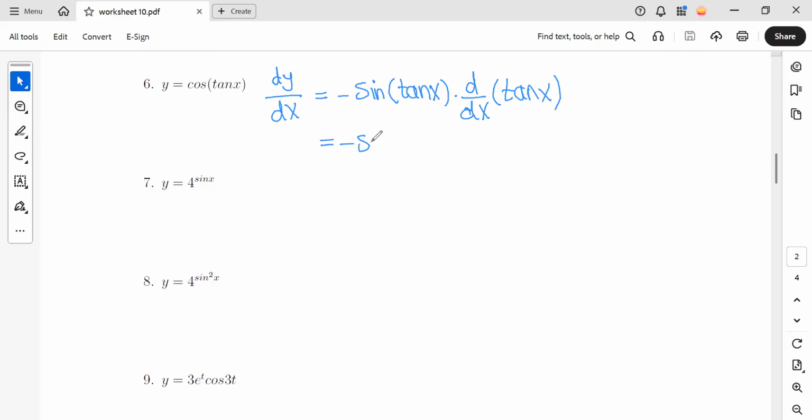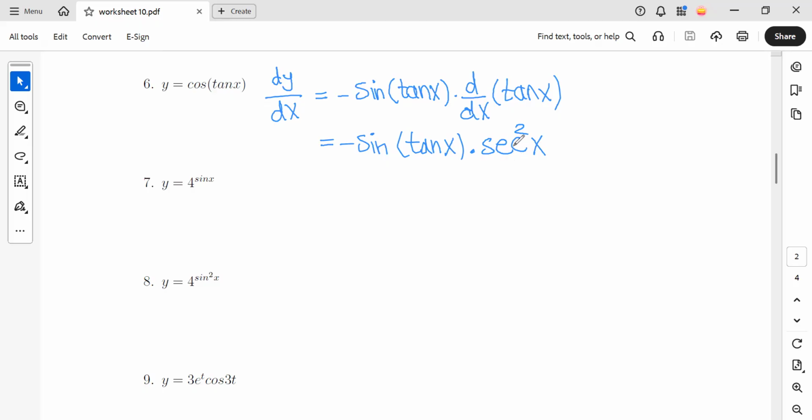So negative sine of tan is written again, and we know that the derivative of tan is secant squared. And it cannot be simplified anymore.